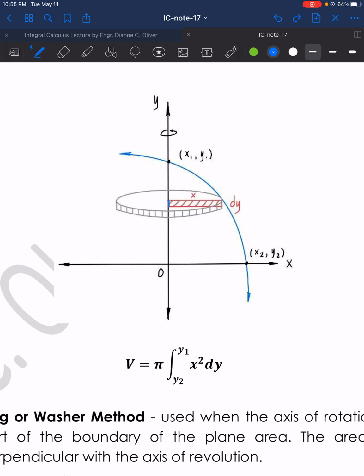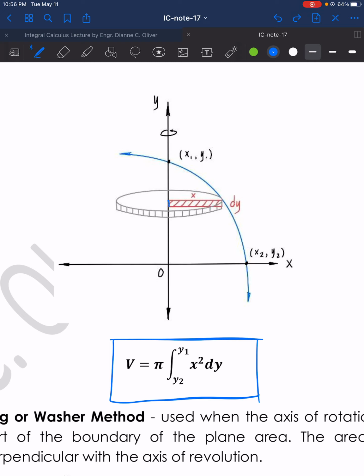Again, using the formula for a coin or a disc, the volume is equal to pi r squared times the thickness. And if we use integration to get the volume, we have volume equal to pi integral of x squared dy, with the limits y2 to y1.